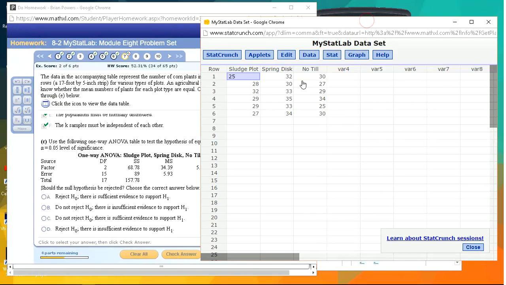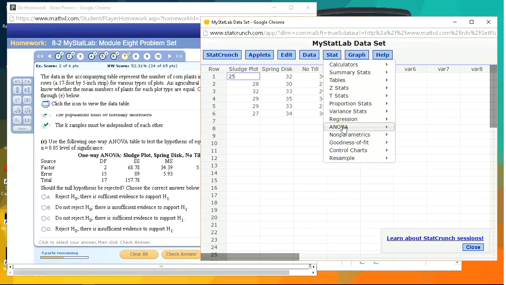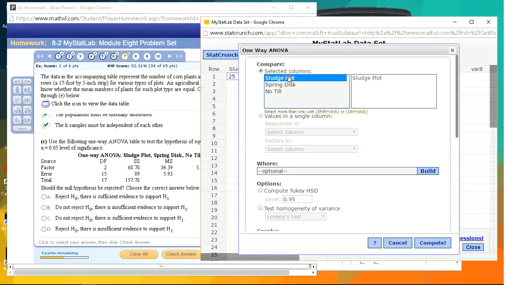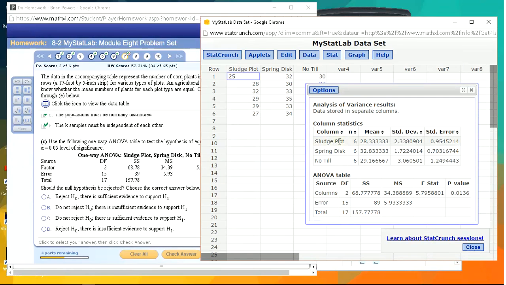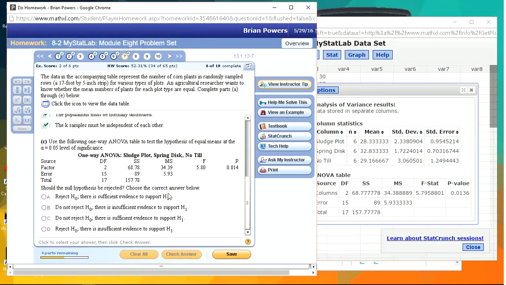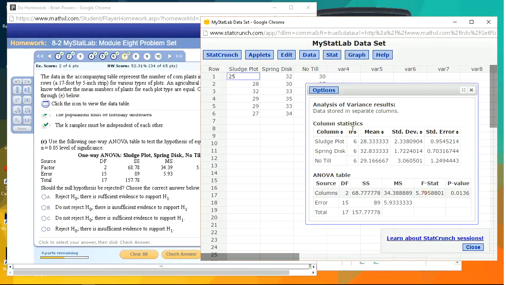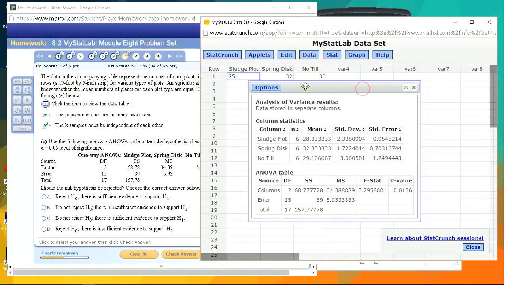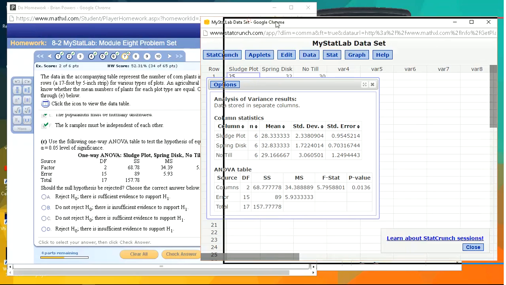All right, under Stat, you have ANOVA, one-way ANOVA. I'm going to select all three of these columns, hold down Control, and then click them one by one. And I'm just going to hit Compute to get my standard output from a one-way ANOVA. Let's scroll down and take a look. So you can see I get the same, let's put it side by side.